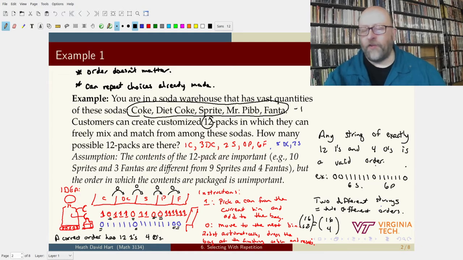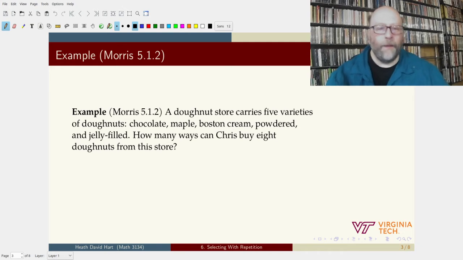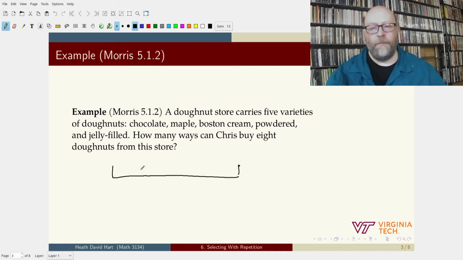All right, so let's try some other examples. A donut store carries 5 varieties of donuts: chocolate, maple, Boston cream, powdered, and jelly filled. Okay? Chris wants to buy 8 donuts from the store.